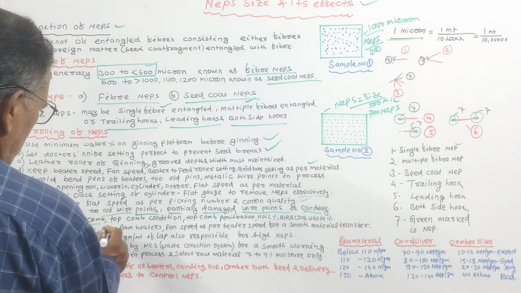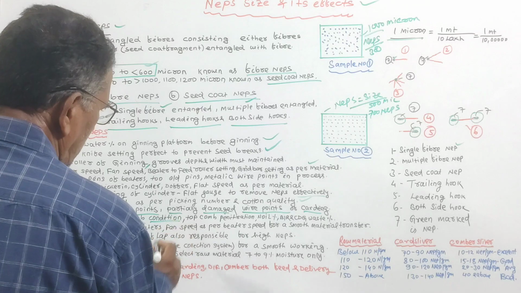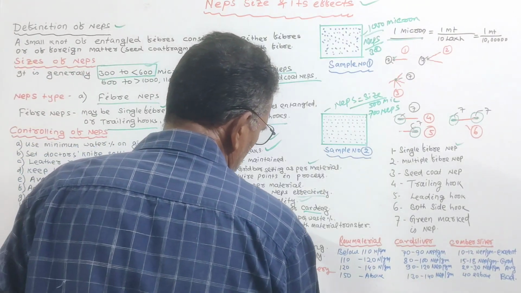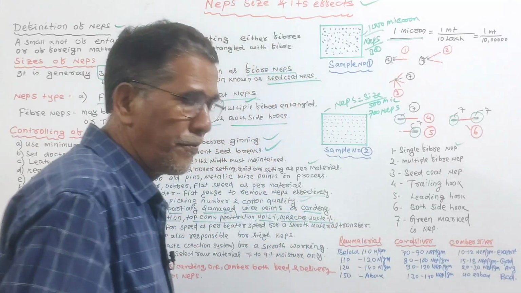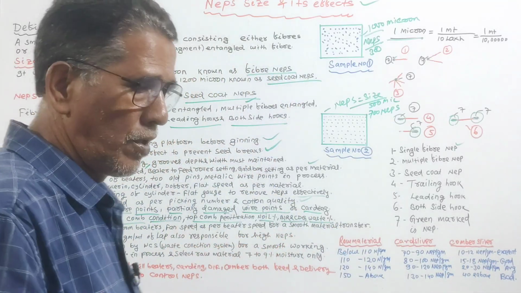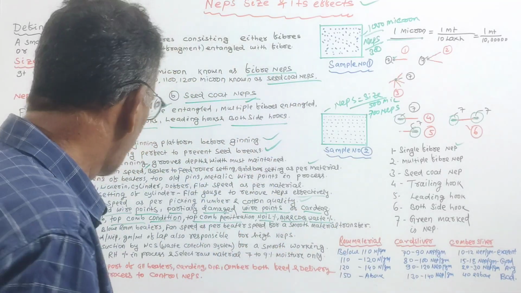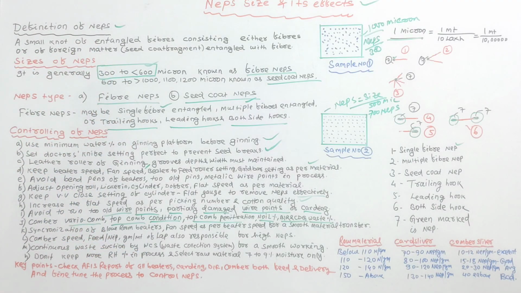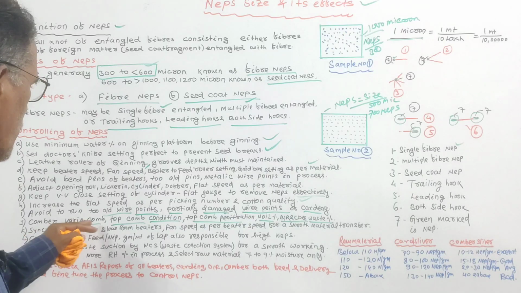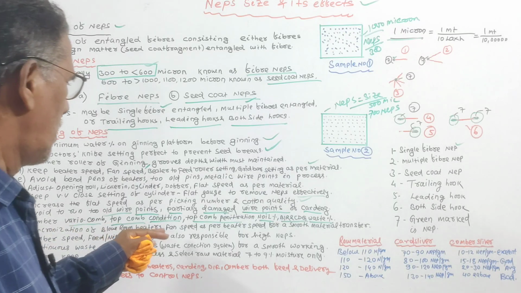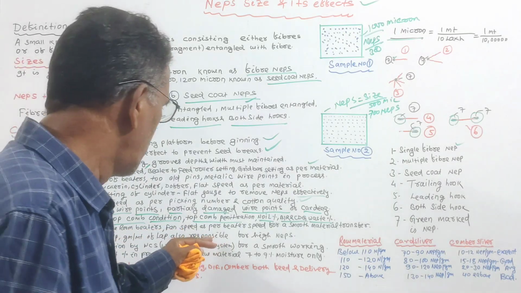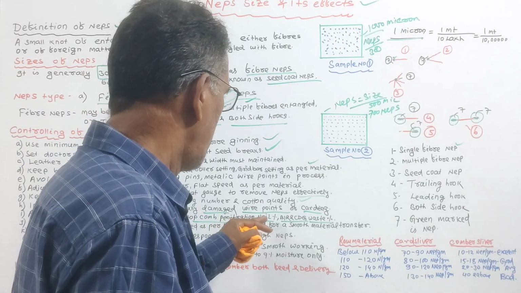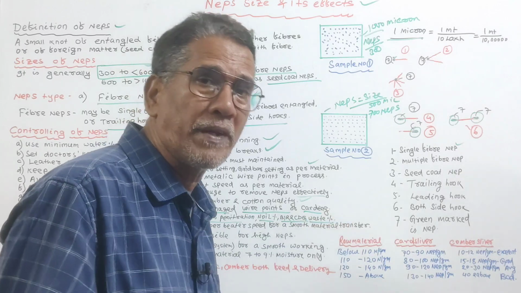Comber, variocomb, top comb condition, top comb penetration, nail percentage, blowroom carding waste percentage. These are all the factors to reduce the naps. You see, variocomb, in some cases unicomb also, top comb and fan speed as per beater, top comb penetration, nail percentage, blower cutting waste percentage.